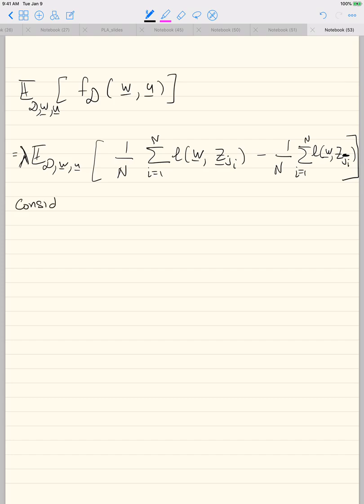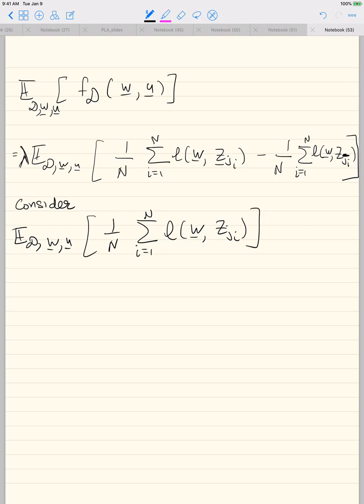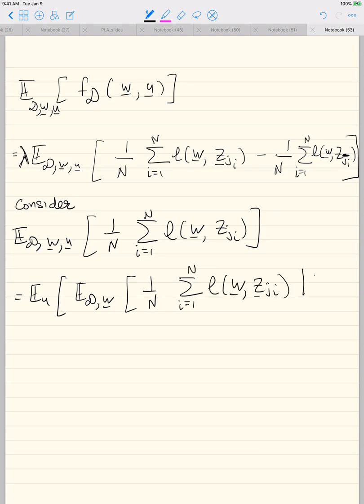So let's consider the expected value over d, w, and u, of 1 over n, summation of i going from 1 to n, L of w, z_ji. I can write this as expected value over u, expected value over d and w of 1 over n, summation of i going from 1 to n, L of w, z_ji, given u.